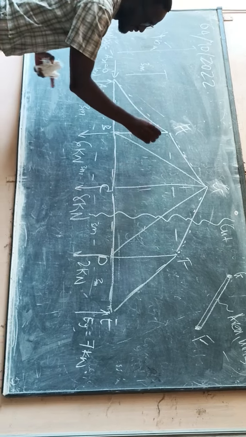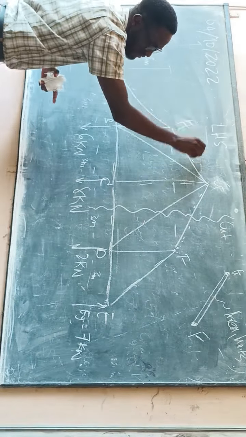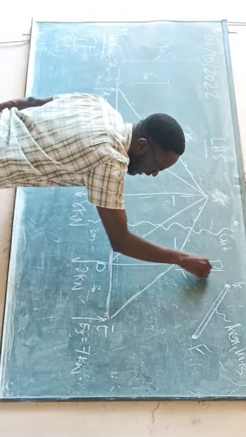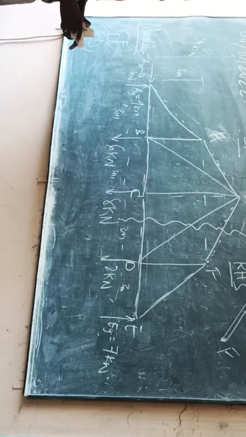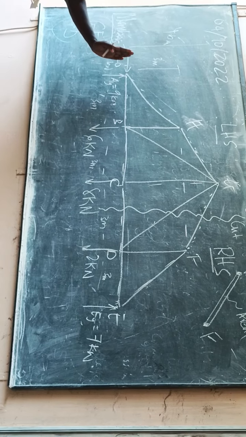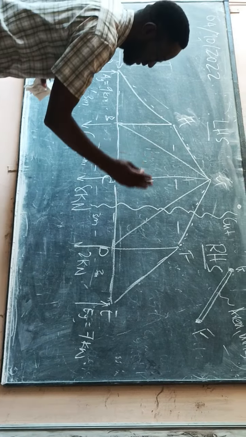Once your cut is done, you notice that you've got your left hand side and your right hand side. You're supposed to choose which part of your truss you are going to work with. Is it the left hand side or the right hand side?